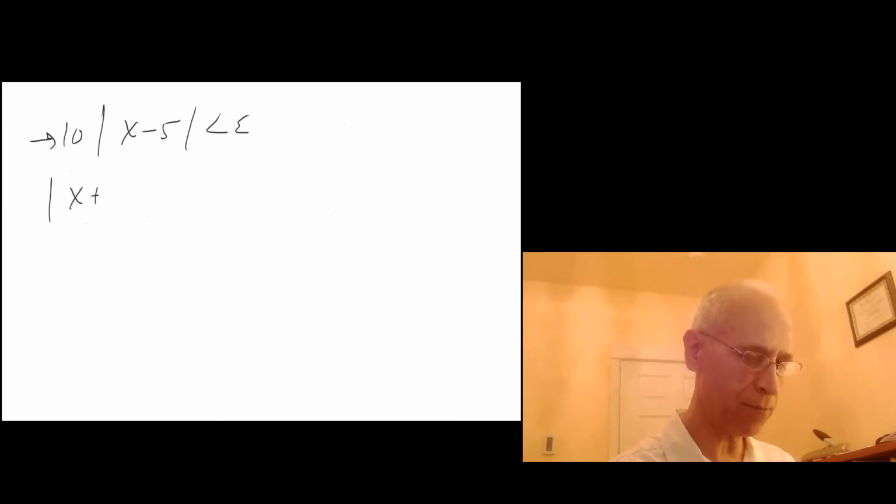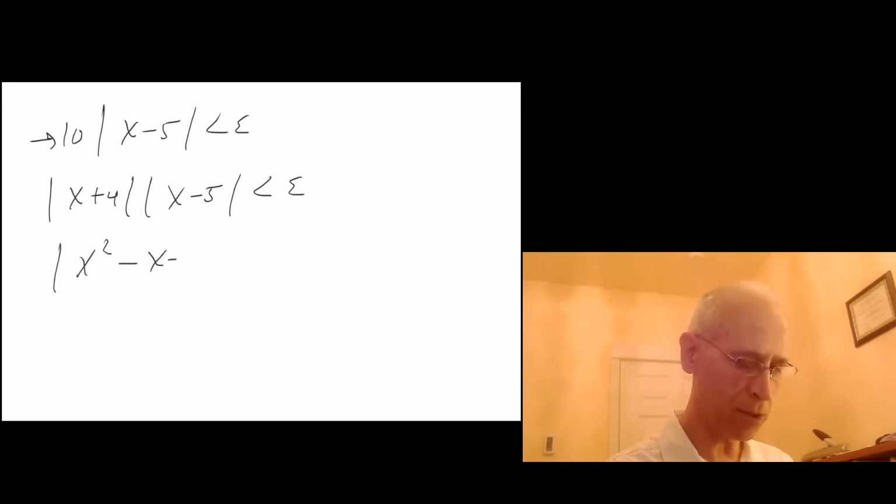So I get 10 times the absolute value of x minus 5 is smaller than epsilon. And remember that I can exchange that 10 with the absolute value of x plus 4 times the absolute value of x minus 5 smaller than epsilon. Multiplying these, I get x squared minus x minus 20 is smaller than epsilon.